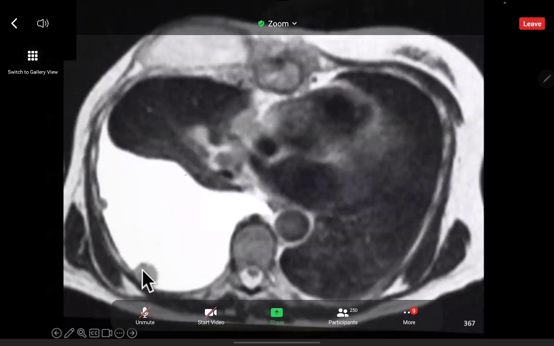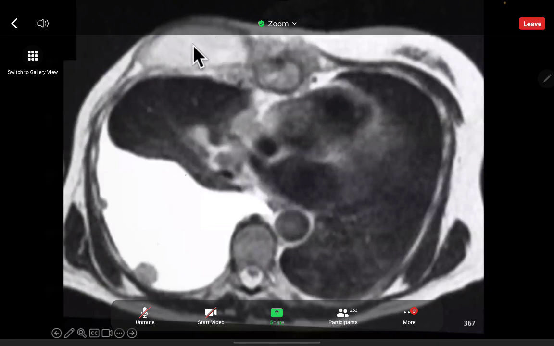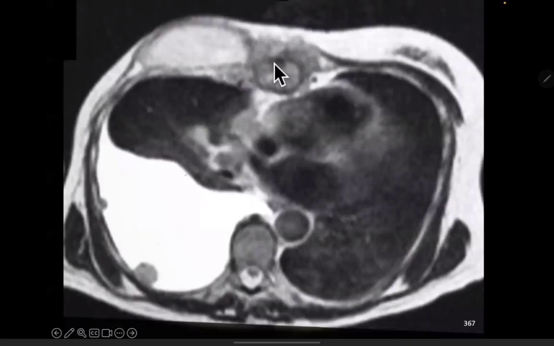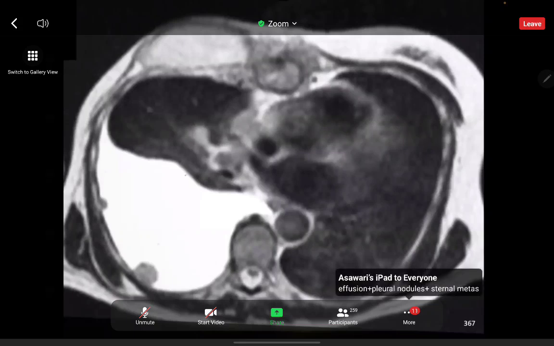We know it's a pleural lesion because of the obtuse angle that the lesion has with the pleura. And we've got a unilateral breast implant, and we've got what looks like extra soft tissue around the sternum. And so on this one single slice, we can say that this patient has got metastatic breast cancer. That's the kind of thing that you might get in the Viva.